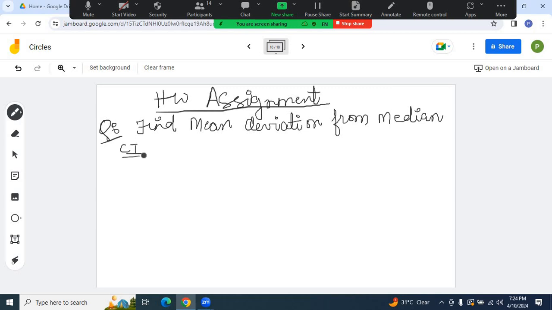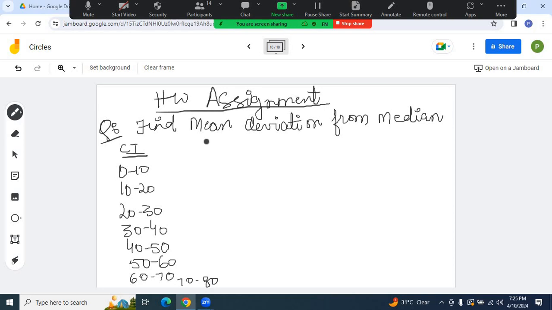Class interval, or x we can say, is 0 to 10, 10 to 20, 20 to 30, 30 to 40, 40 to 50, 50 to 60, 60 to 70, and last 70 to 80. Frequency 5, 8, 12, 15, 20, 14, 12 and 6. You have to find mean deviation from median.